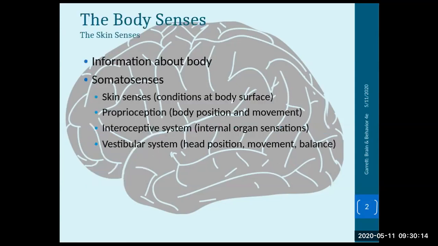So in the last 2 chapters, they were very similar and a little complicated in this sensation and perception module. We talked about the visual system and the auditory system in reverse order. And so today we are going to talk about the third system, which is the touch system.